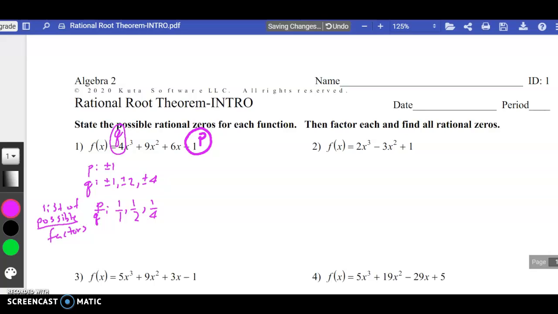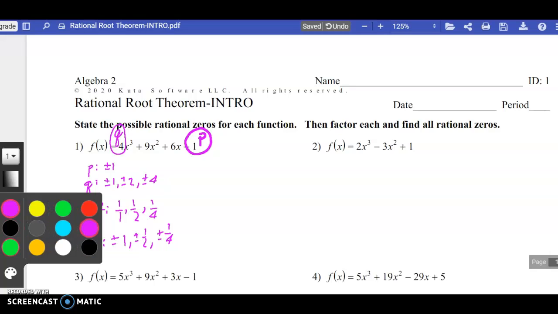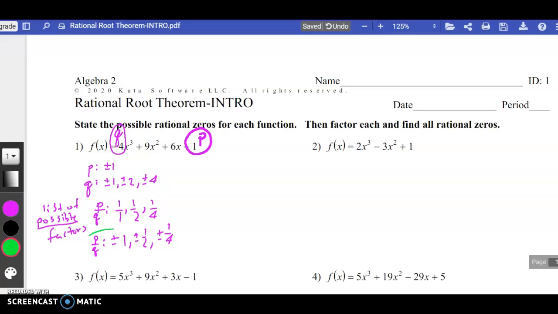What that gives me is a P over Q list of possible factors. 1 over 1 is 1, so plus or minus 1. Plus or minus 1/2. And plus or minus 1/4. That's the first part of this, building the P over Q list. This is what I need to start the next step.